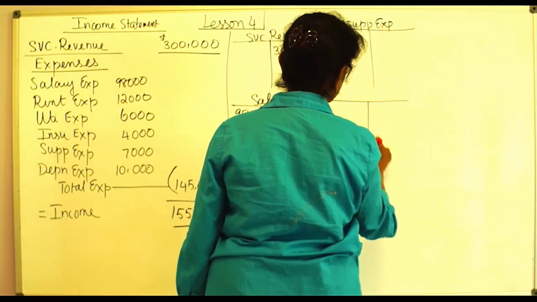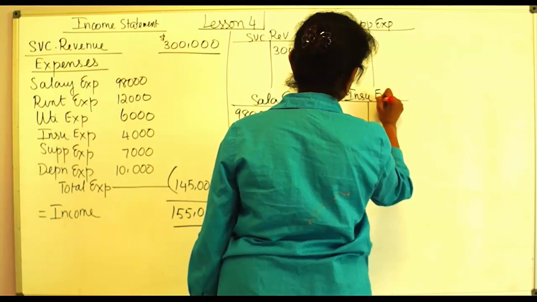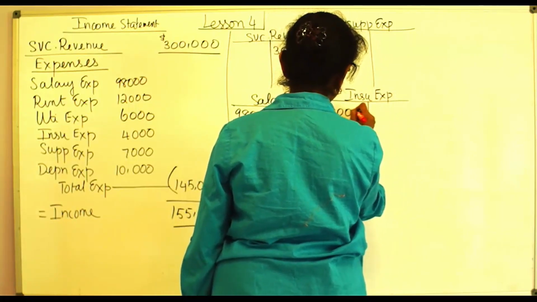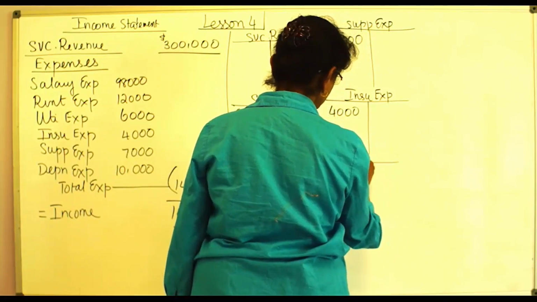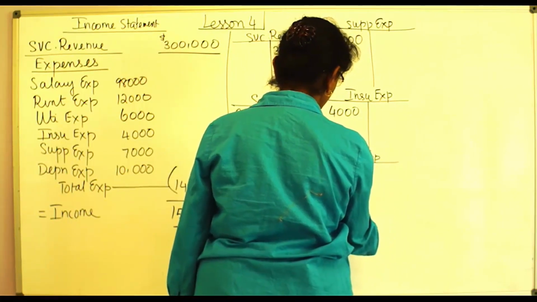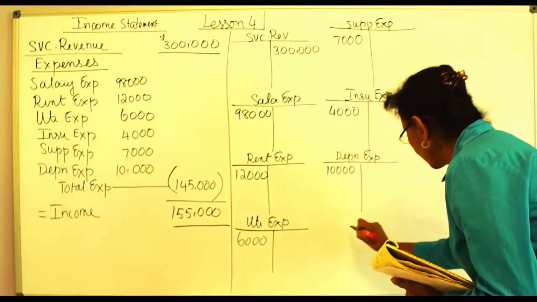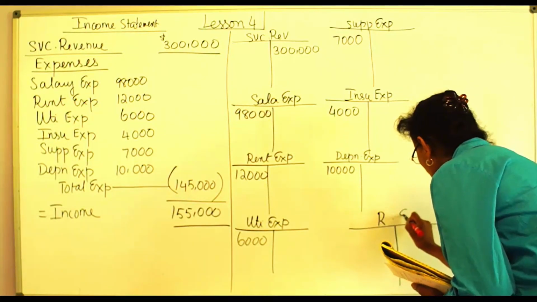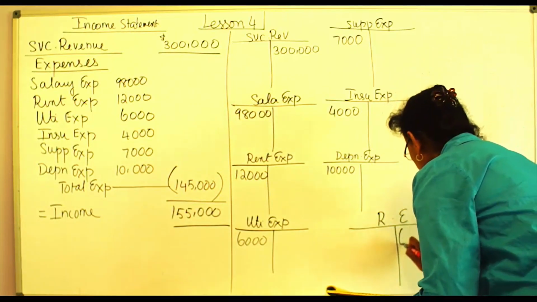Your insurance expense will show a balance of 4,000. And finally, your depreciation expense will show a balance of 10,000. And then your retained earnings will be showing a balance of 60,000.